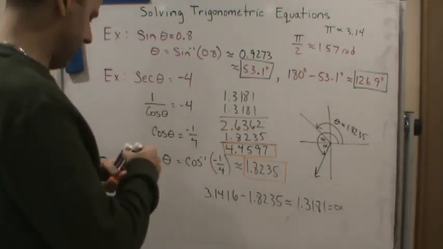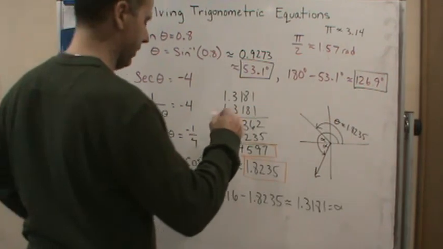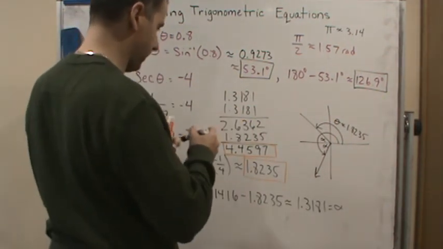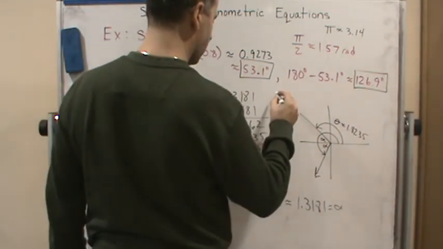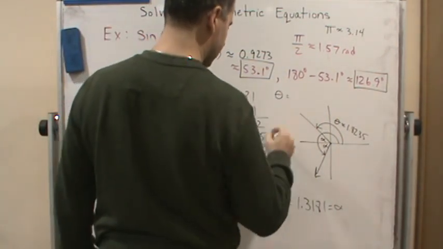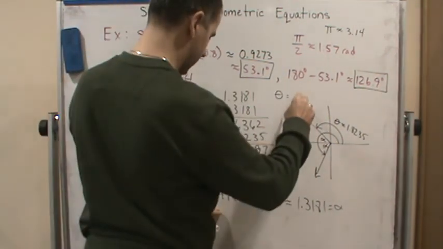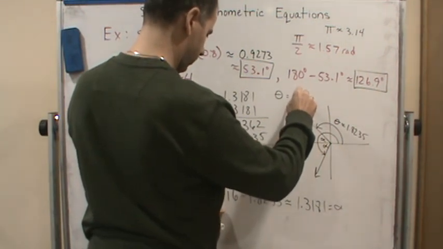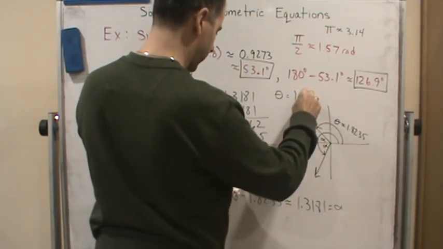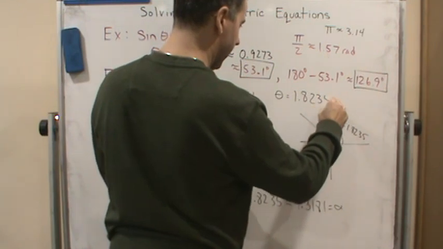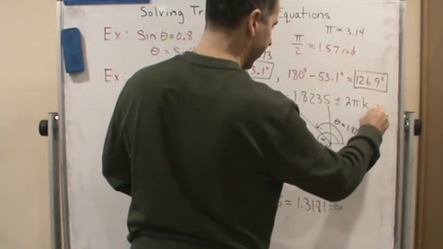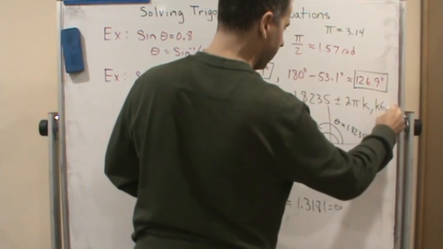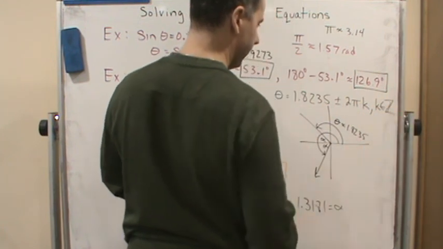So my final answer for theta, for this equation here, is theta is equal to 1.8235 plus or minus 2 pi k, where again k is an integer.